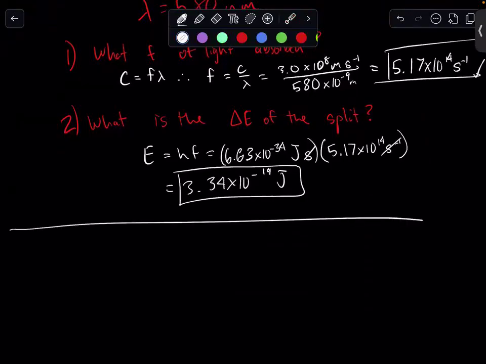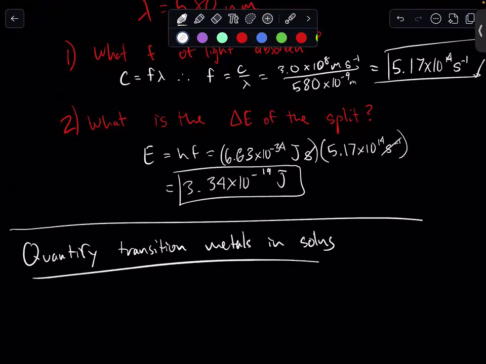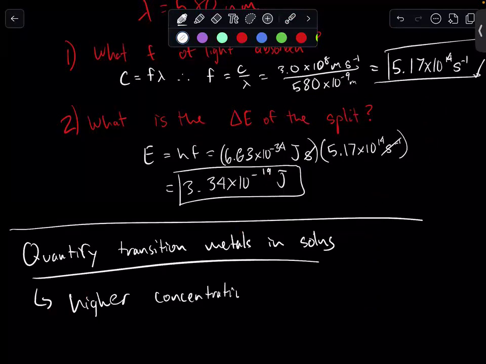The last thing before we end this is how do we quantify transition metals in solutions? So when you put them in solution, we can guess what's going to happen to the color as the concentration changes.